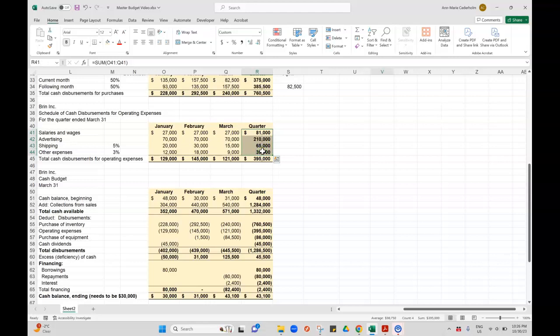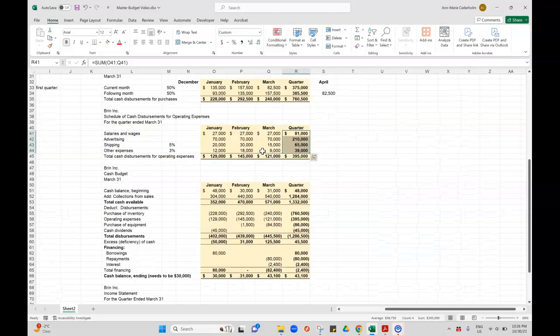Now just remember, if there were any non-cash items, we'd have to include them on the income statement, because the income statement is accruals, so we want the non-cash items there, whereas the cash budget is just the cash.